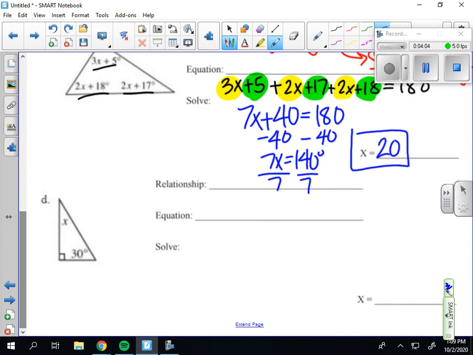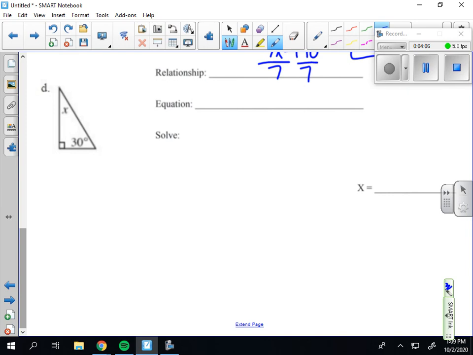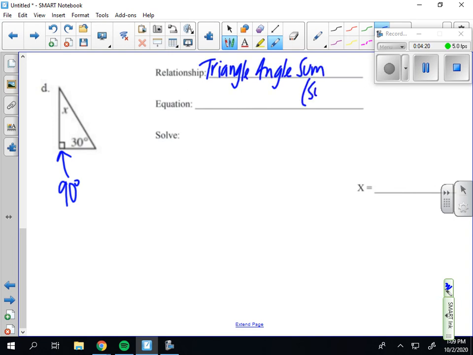The last relationship, I'm looking and I notice that this is a triangle. There's a right angle symbol right there, so that means it's 90 degrees. So it's actually the same relationship as before, the triangle angle sum, or you could write supplementary, because I know all three angles in that triangle have to equal 180 if I add them together.